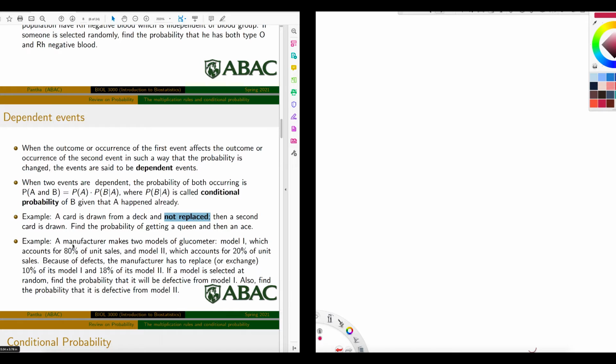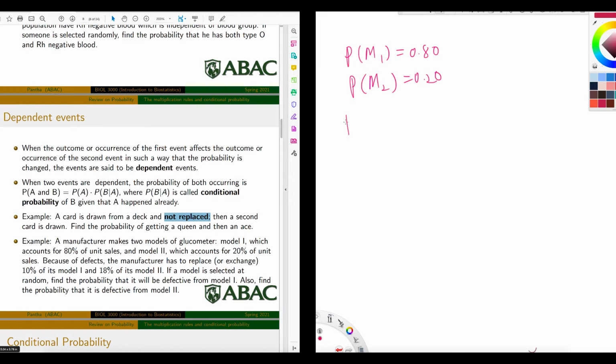Here, a manufacturer makes 2 models of glucometer. Model 1 accounts for 80%. What does that mean? That means the probability of model 1 is 0.80. And model 2 accounts for 20%, so the probability of model 2 is 0.20. Because of defects, the manufacturer has to replace 10% of its model 1 units.